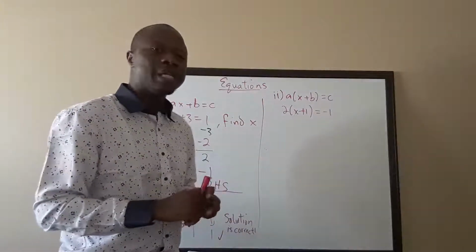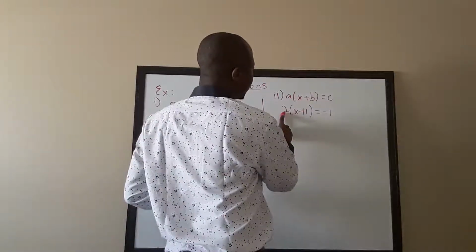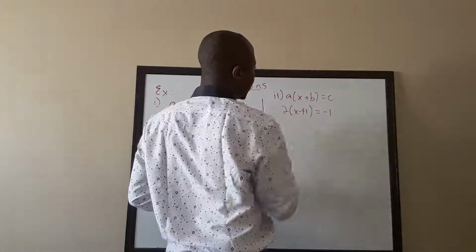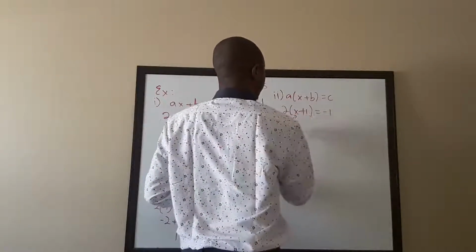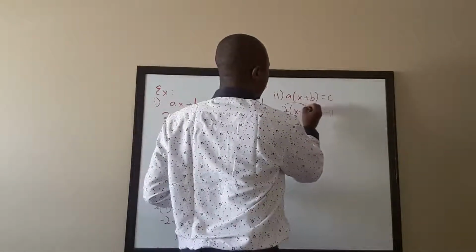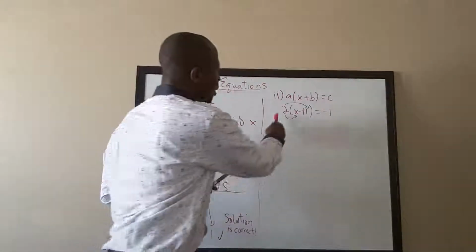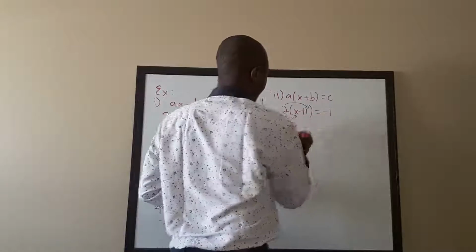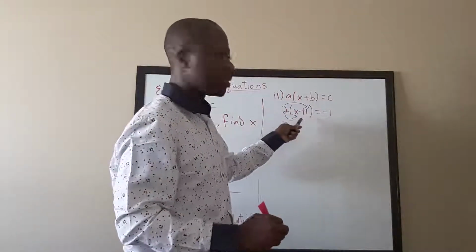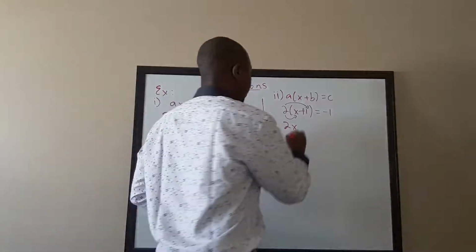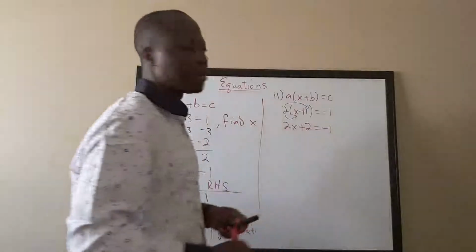So the first thing we need to do here is distribute the 2 to the x and plus 1. So we're going to multiply this and we're going to multiply this. So 2 times x is 2x. 2 times plus 1 is plus 2 equals minus 1.